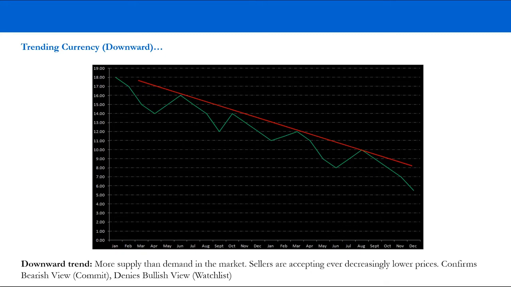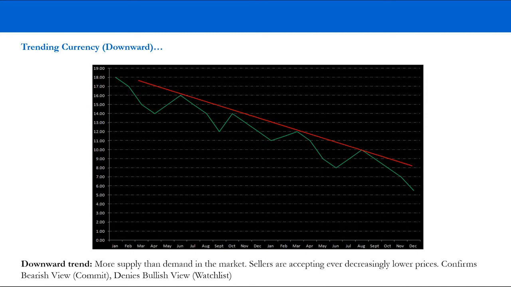This confirms a bearish fundamental predisposition and gives us the green light to commit, because we have sellers accepting ever decreasingly lower prices. The technicals are on our side, so the wind is blowing in the right direction.